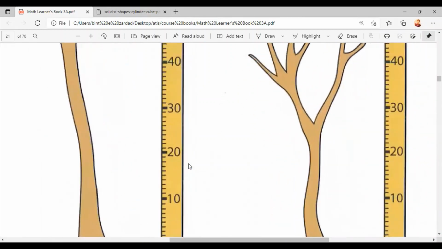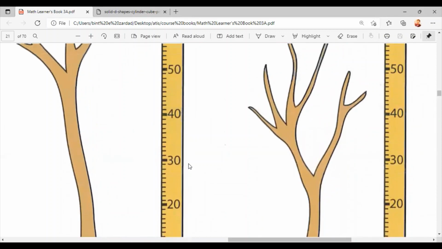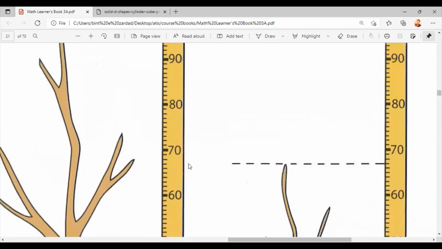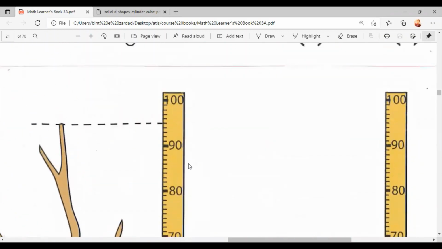These are centimeters: 10, 20, 30, 40, 50, 60, 70, 80, 90 and 91, 92, 93, 94, 95. So this is 95 centimeters.